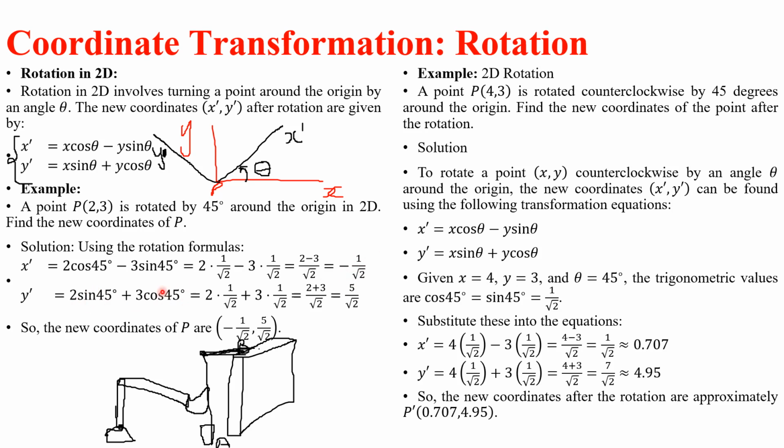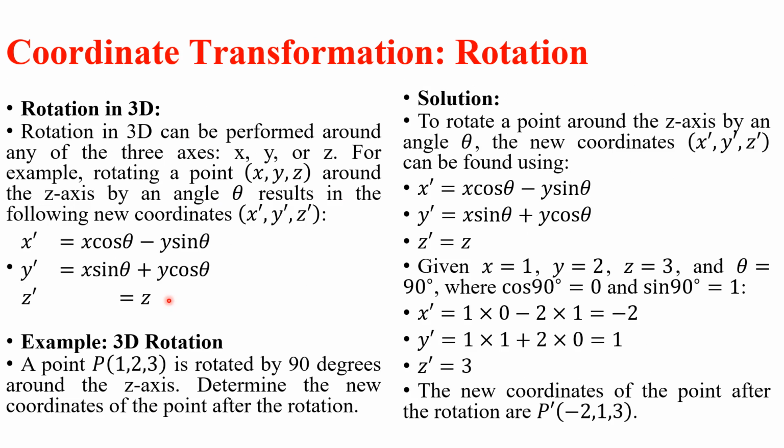The same thing applies here. Playing around with this gives us 5 all over root 2. We can also rationalize this, or as well leave it this way. So now the new coordinate of P will become minus 1 all over root 2 and 5 all over root 2.